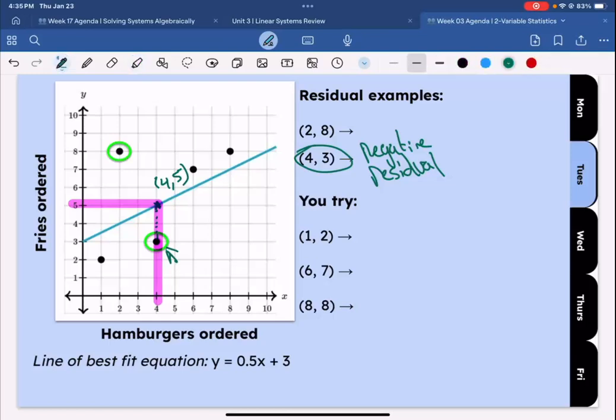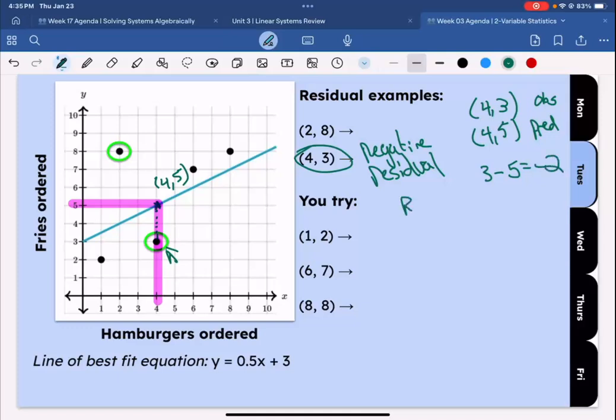So looking at the point (4, 3) and our point (4, 5), this is observed and this is predicted. So we're going to take our observed minus our predicted, and we will get negative 2.